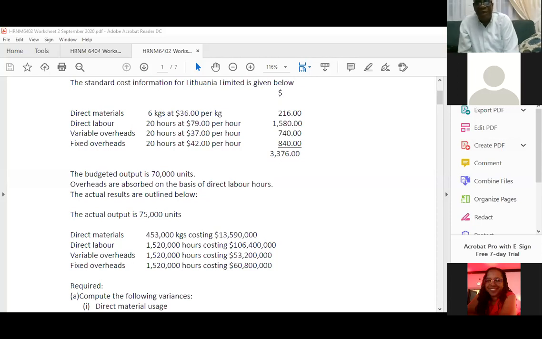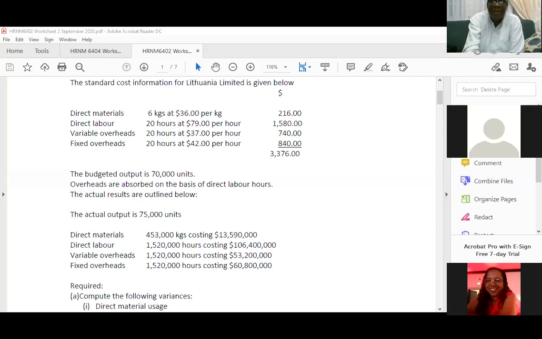Standard usage for actual production minus actual usage. Close brackets. And then we're going to multiply that by the standard price per kilogram.